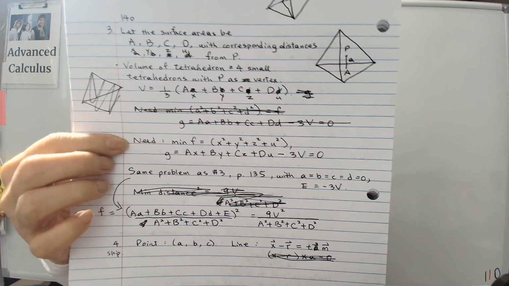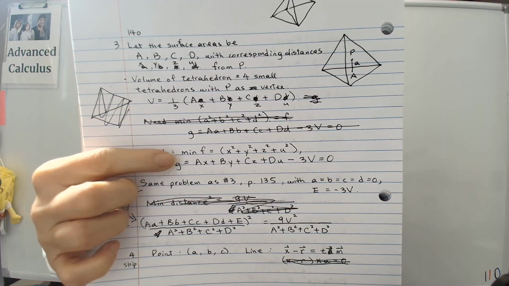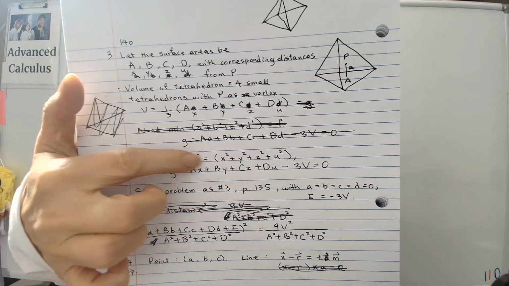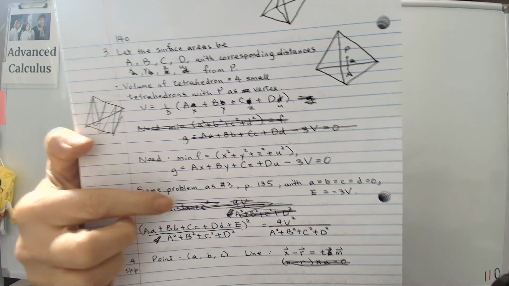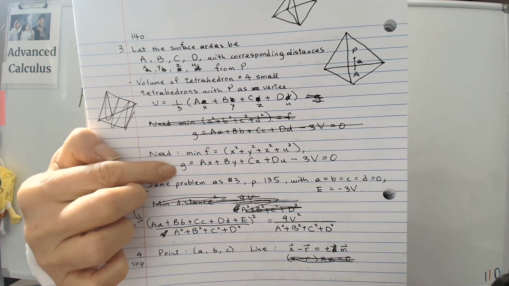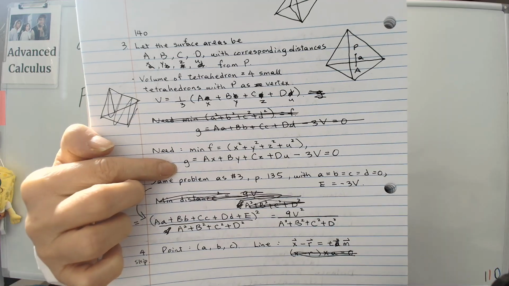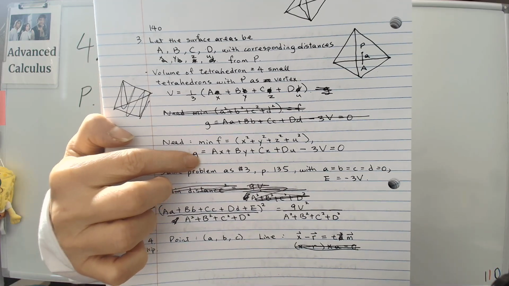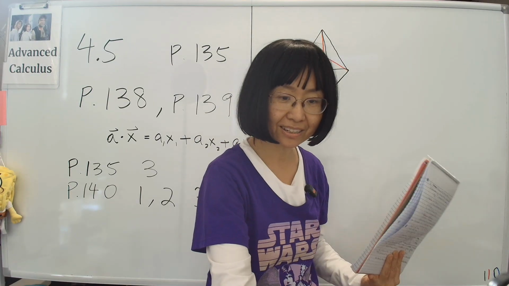So what are we trying to do here? What we need is to find the minimum of the sum of the squares of the distances. That's these 4 things squared and added up, min f, okay? And under the condition where G is equal to, what is G? G is equal to Ax plus By, well, give me a second here, let me think.